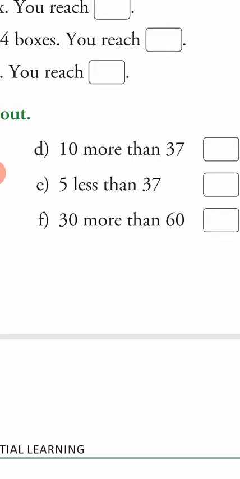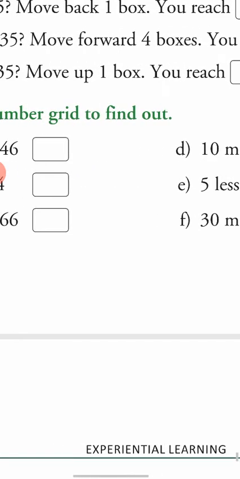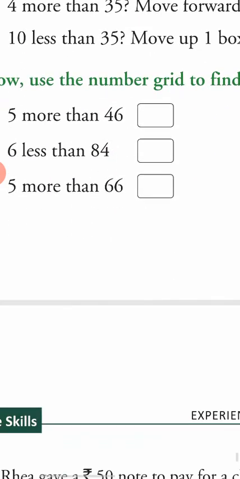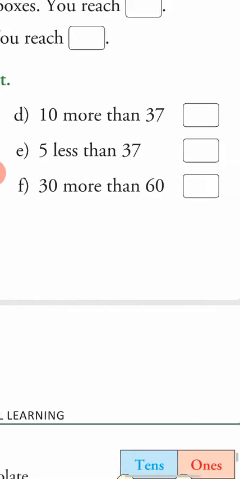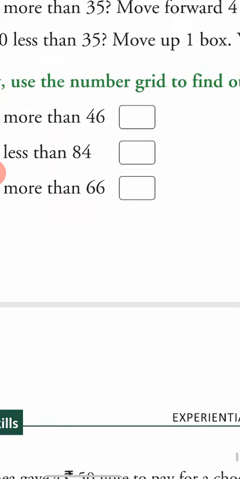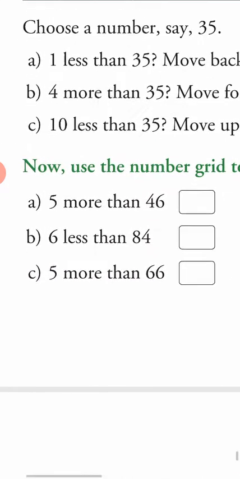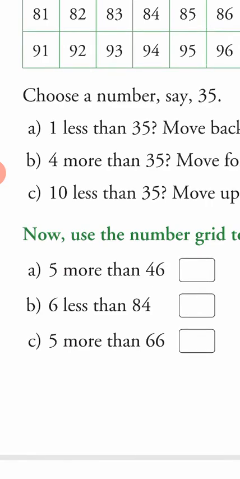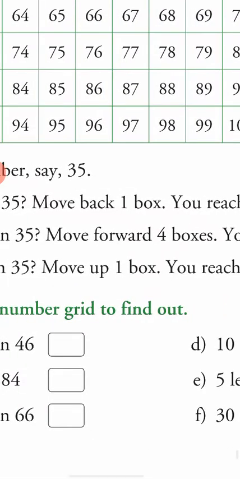And in E, 5 less than 37 means just subtract 5 from 37, and in F part you will just add. So basically I'm just giving you this question only, these 6 parts, to write down the answers in the boxes with the help of this grid.